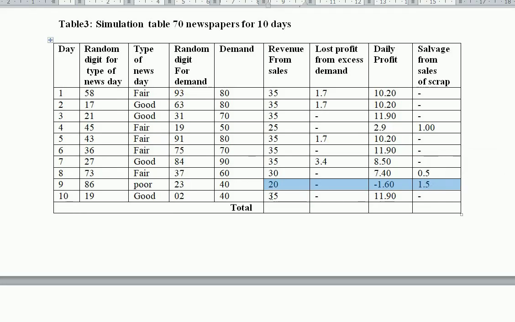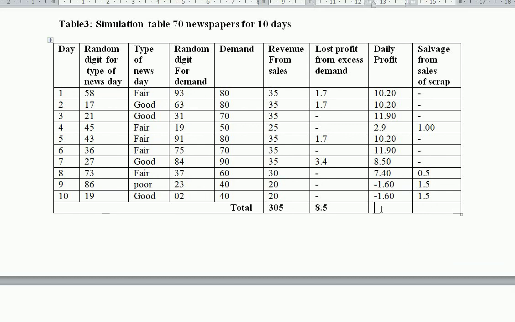Now what we have to do: revenue from sales total, if we add, we are going to get 305. Loss from excess demand, if I add all this, you are going to get 8.5.